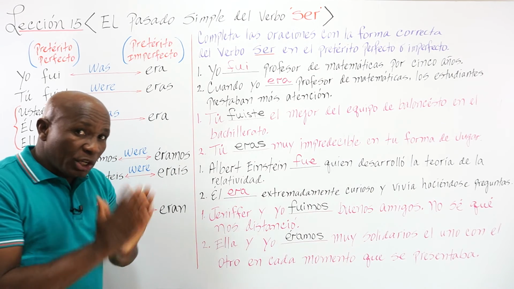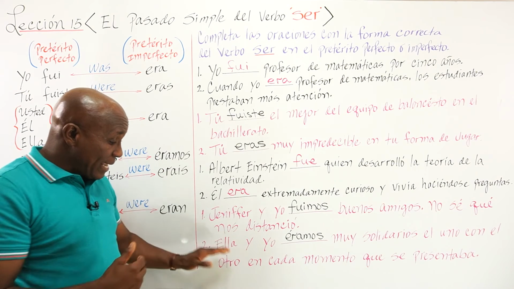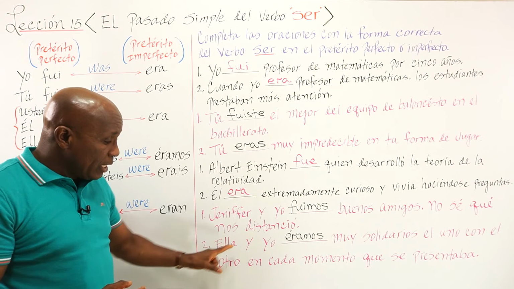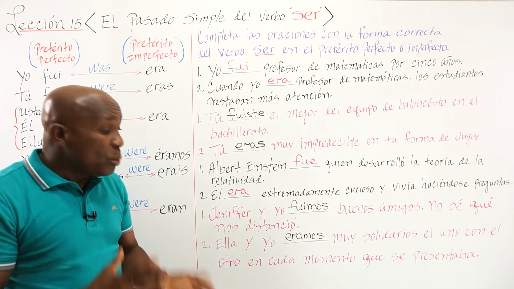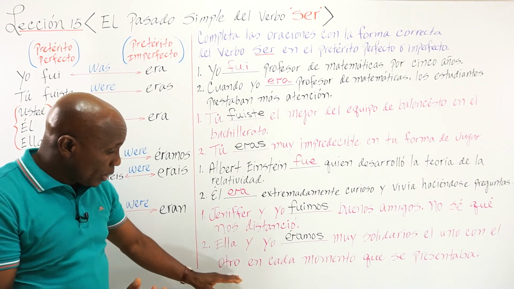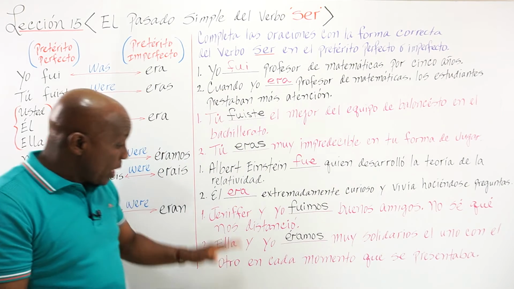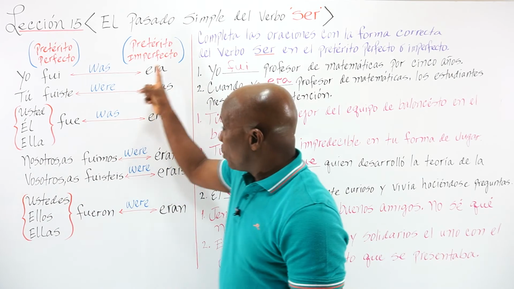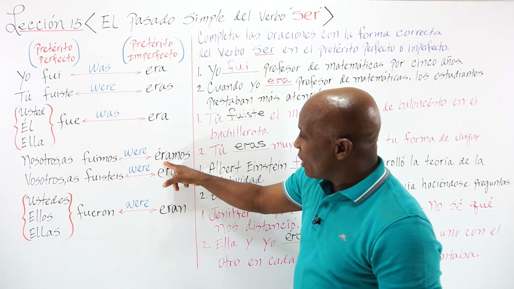All right, now in contrast, look at this one. Ella, the same Jennifer. I'm using the pronoun here. Ella y yo éramos muy solidarios el uno con el otro en cada momento que se presentaba. She and I were, éramos, right?